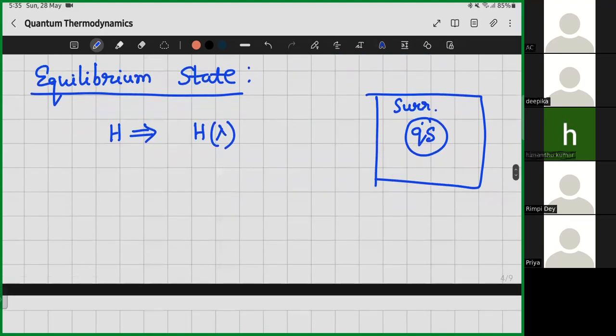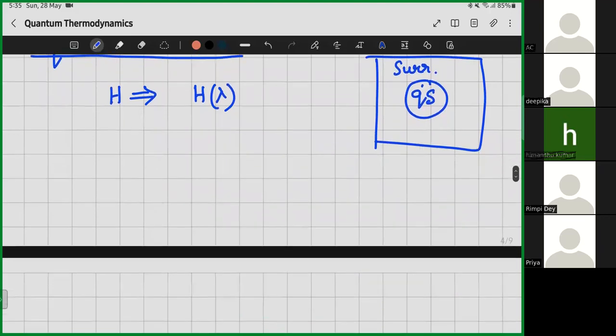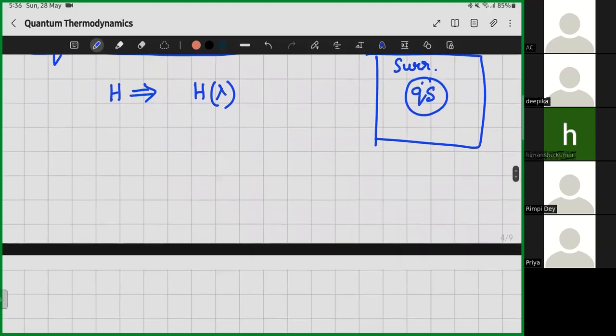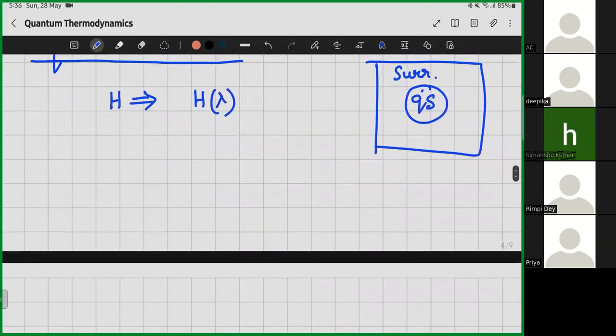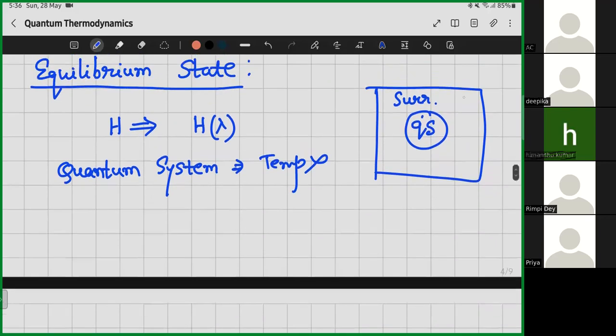This is important because in quantum mechanics there is no such concept of temperature. But as the surrounding is a classical system, in the surrounding there is temperature.